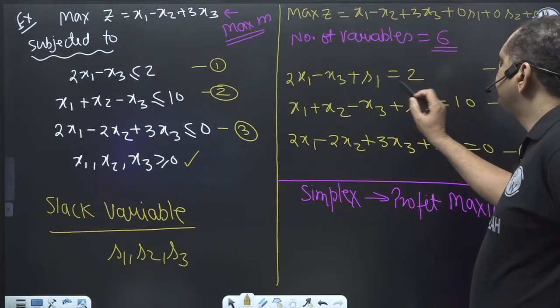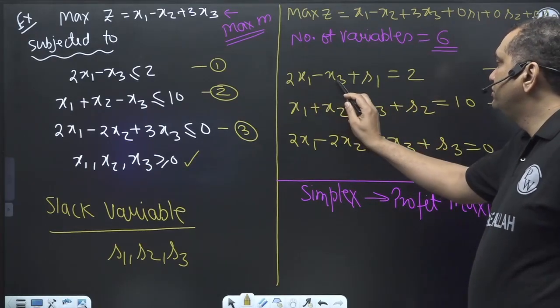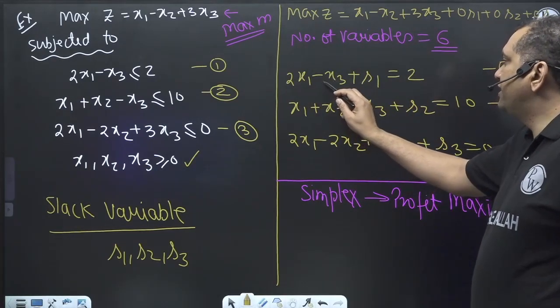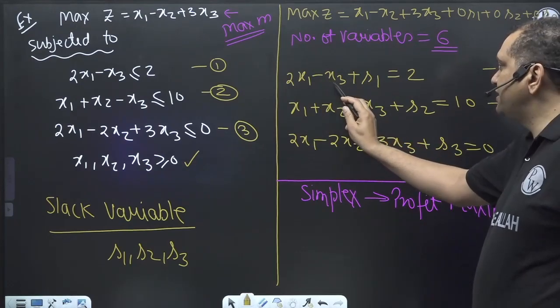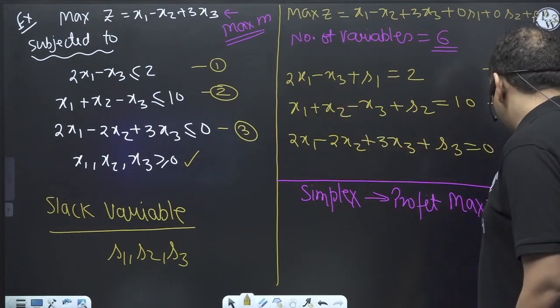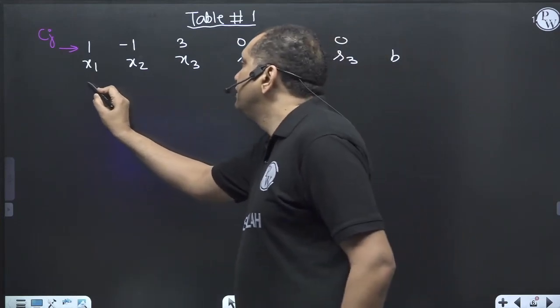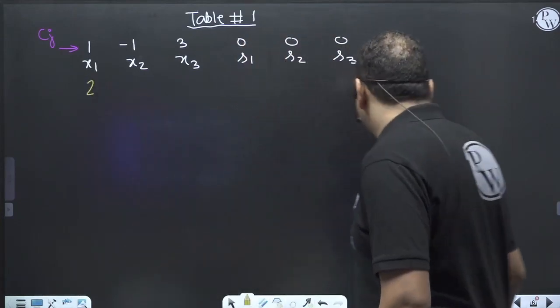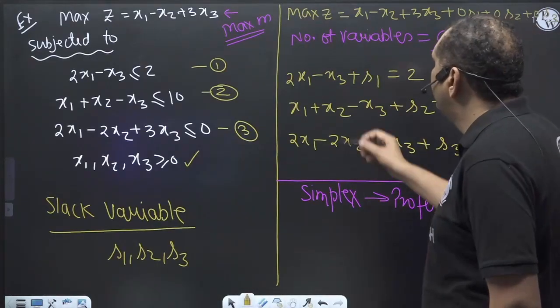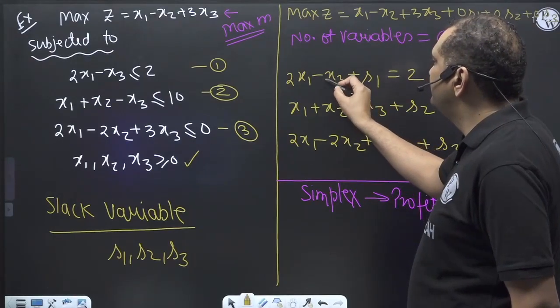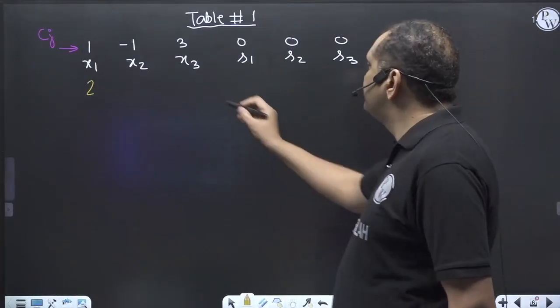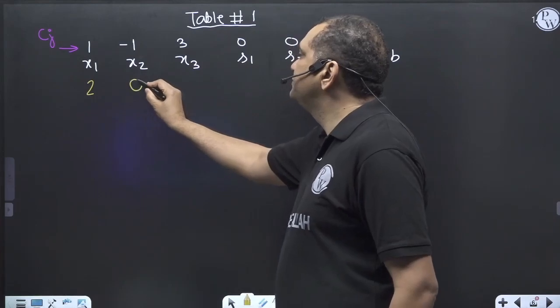First constraint: x1 is 2. There is no x2 here, so the coefficient of x2 is 0.